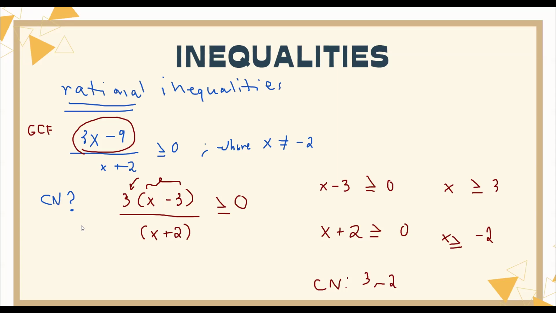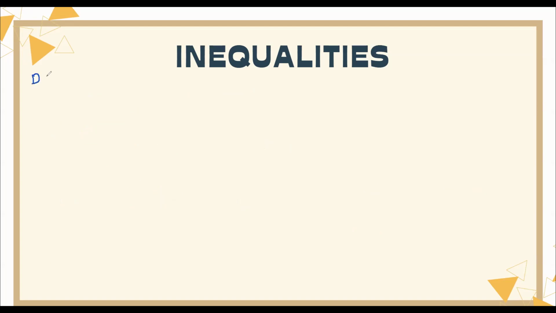Opo. So I'll give you 2 questions. For the first one, solve for the discriminant, and for the second one, solve for the critical numbers. Let me just write them down. Solve for the discriminant.